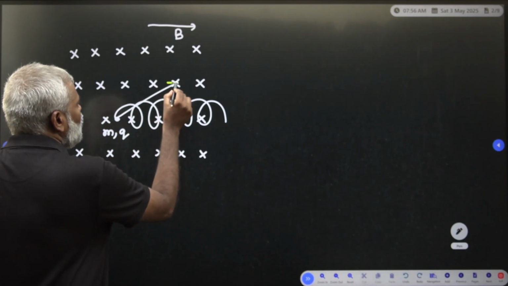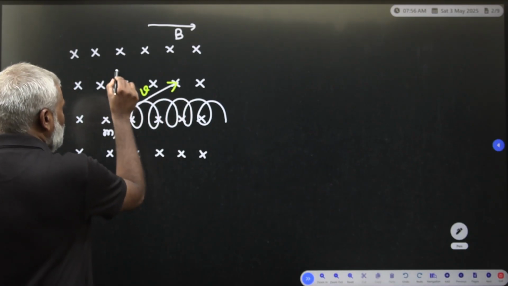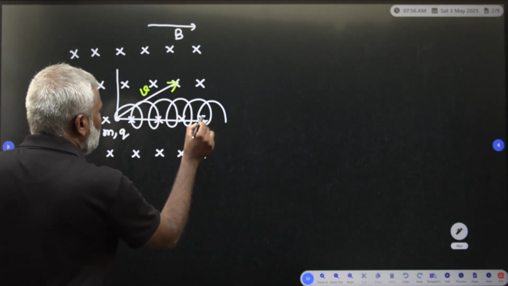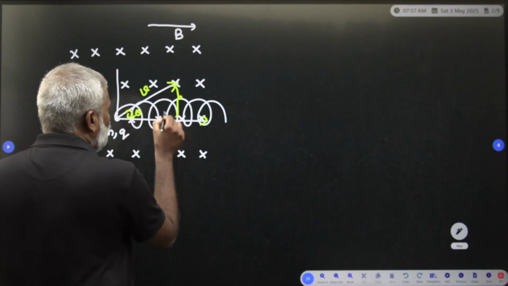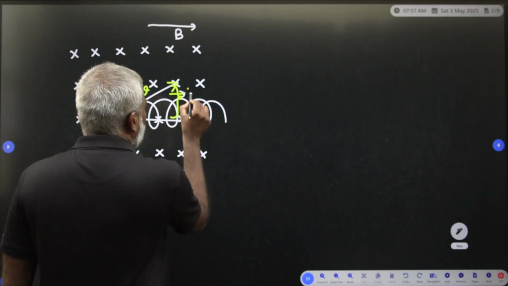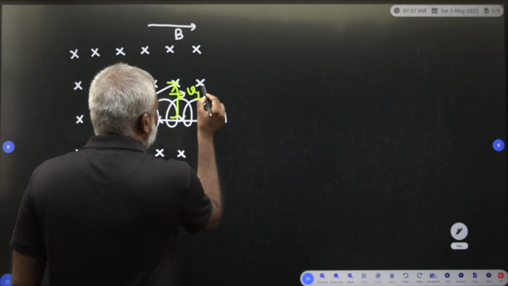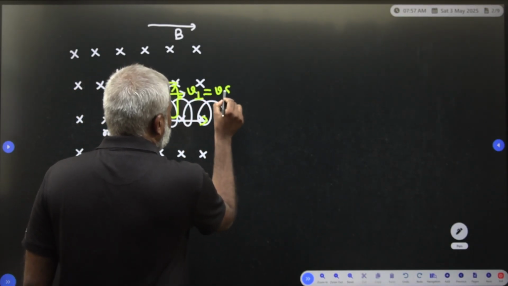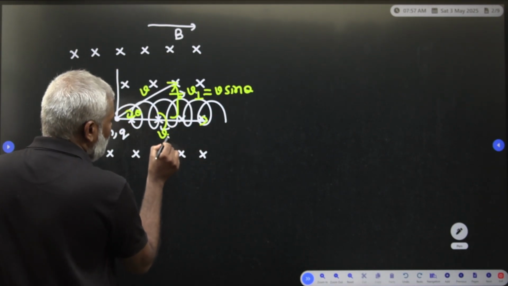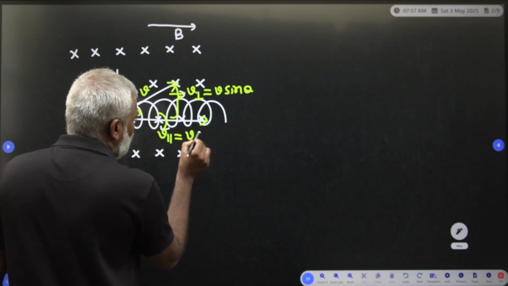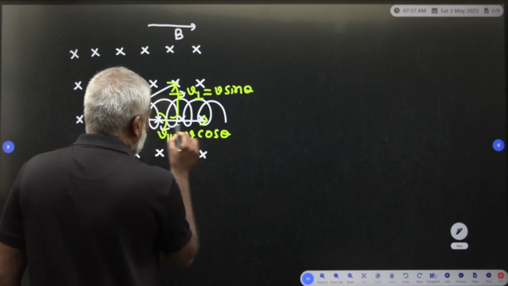The particle moves with velocity v, making an angle theta, and it resolves into two components. One is the perpendicular component, v perpendicular, which is equal to v sin theta, and another is v parallel, which is equal to v cos theta.